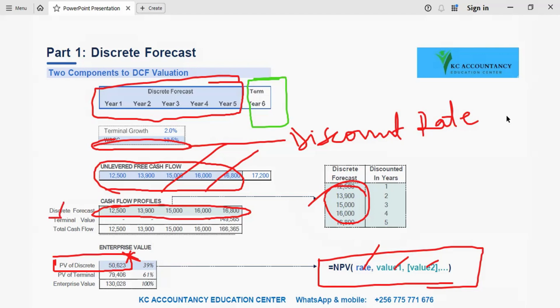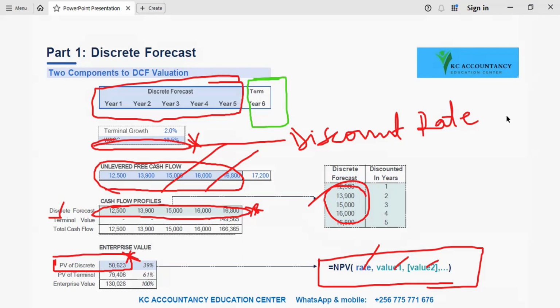What the NPV function is doing is taking these cash flows and discounting them back at a rate of 13.5%, our WACC, in order to get the present values.